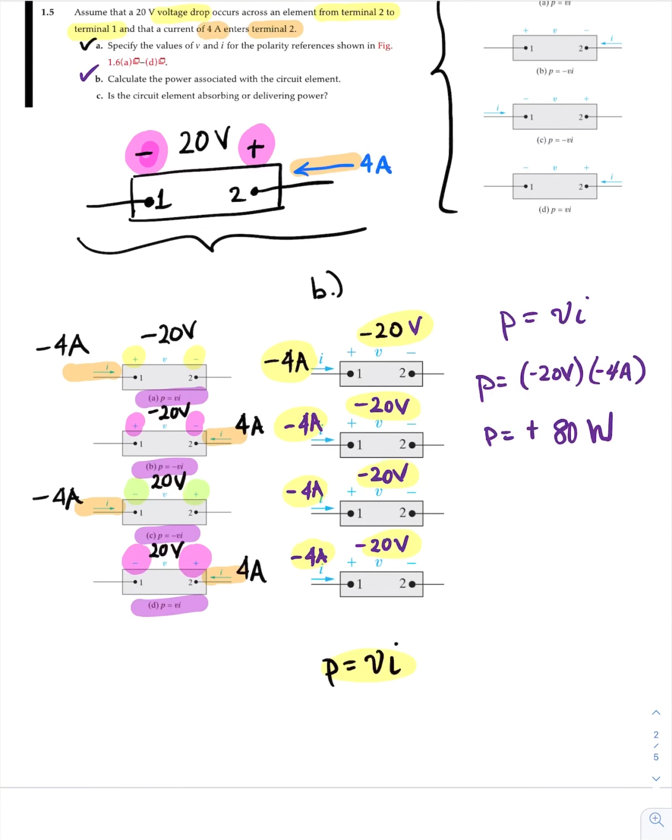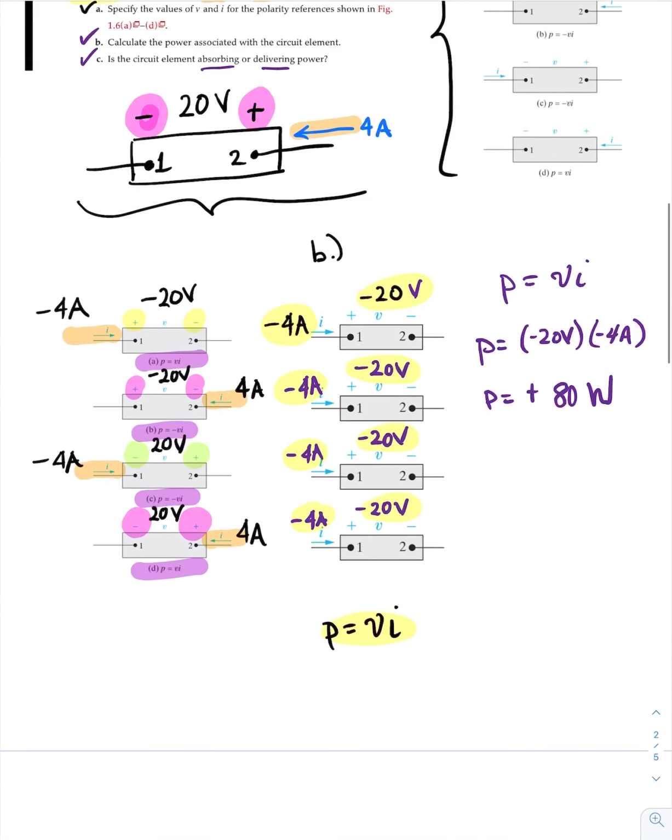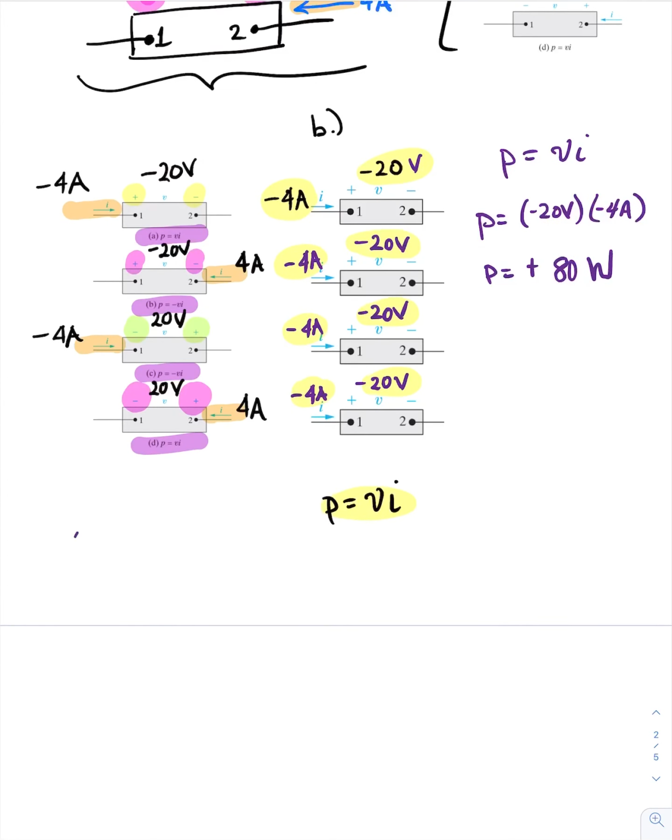C asks, is the circuit element absorbing or delivering power? When a circuit element is absorbing, our power is greater than 0.